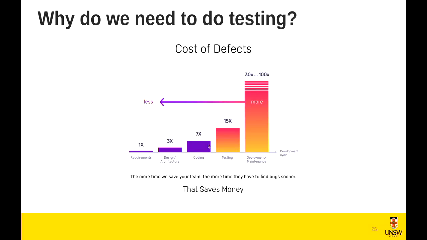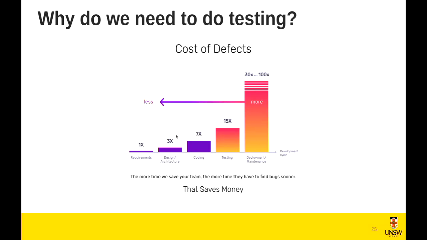So the cost increases, and it will increase a lot more after you have deployed your system, or after you have released your product, because it is now in the hands of the customers. And if you try to fix something, you have to send a patch to all your customers. You have to send an update request to all your customers. And some of your customers might be hackers. They may hack your system and do some damage. So in this case, the cost is much, much higher.